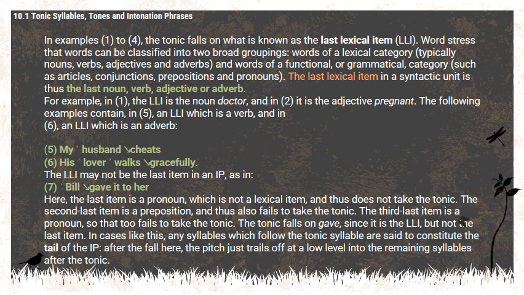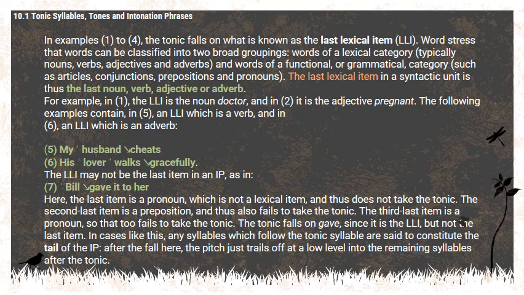The last lexical item in a syntactic unit is the last noun, verb, adjective, or adverb. For example, in number 1, the LLI is the noun doctor, and in number 2 it is the adjective pregnant.